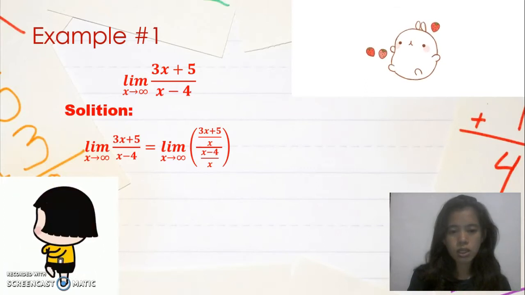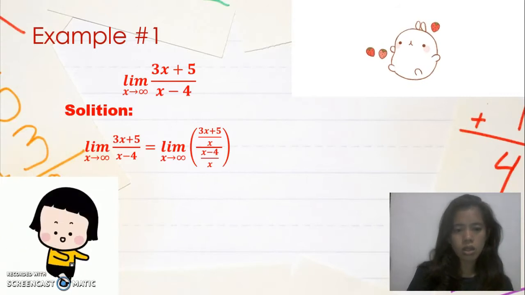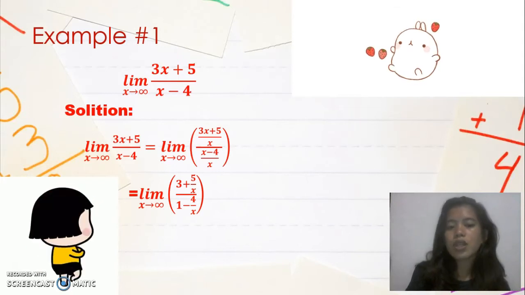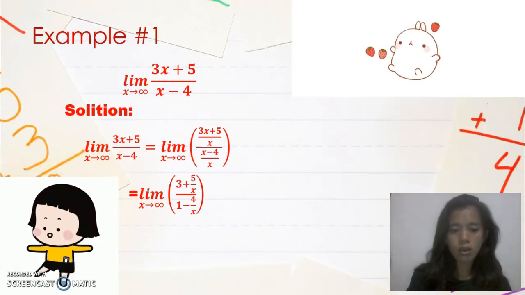So we can now cancel the x in the numerator and the x in the denominator. So here is the answer: the limit of (3 plus 5 over x) all over (1 minus 4 over x), as x approaches infinity.